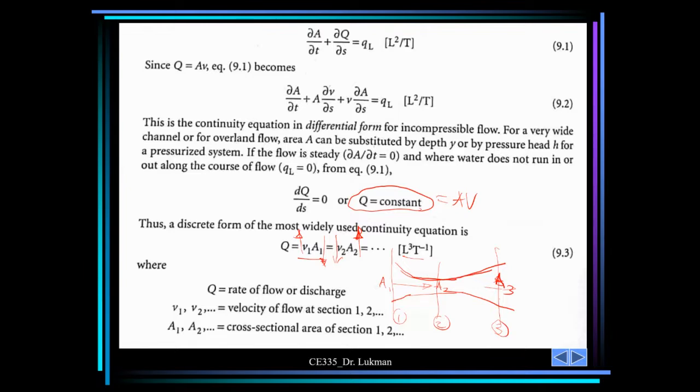Whereas within the throat, within this section, when you have reduction in the cross-sectional area, the flow undergoes acceleration. It is locally accelerated. And this is all with a view to maintaining the same flow rate.